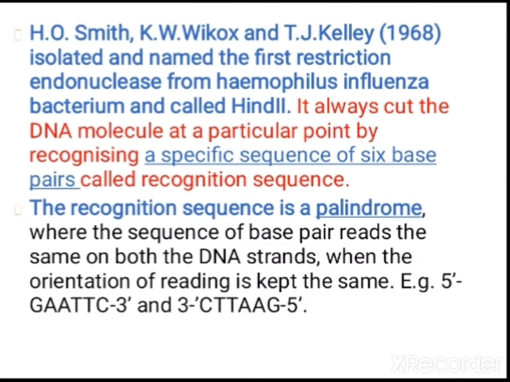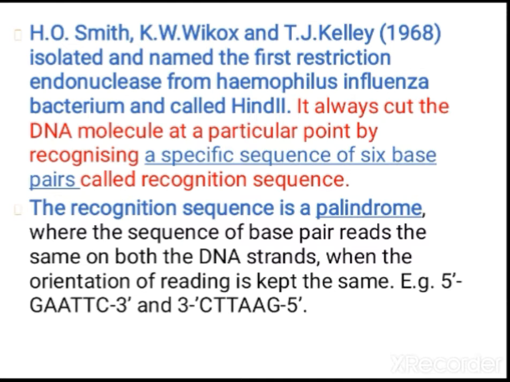It always cuts the DNA molecule at a particular point by recognizing a specific sequence of 6 base pairs, called the recognition sequence. This sequence is called a palindrome. When you read these sequences from right to left or left to right, the orientation is the same.